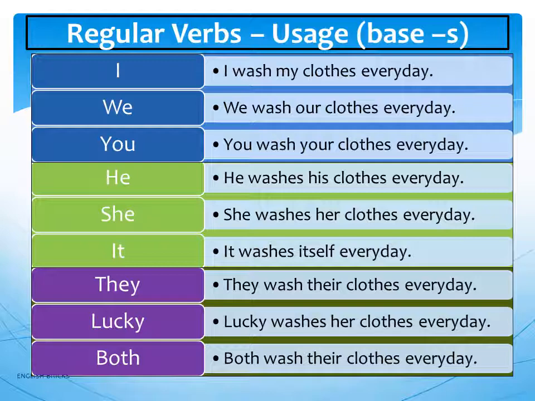Both wash, both is plural, so the to infinitive or the base form. So remember this, for I, we, you, they and plural, we use the to infinitive form, and for he, she, it and singular form of the subject, we use the S form. Now this is the fundamental for subject verb agreement. We'll look at that in some time. I hope this is clear for now.